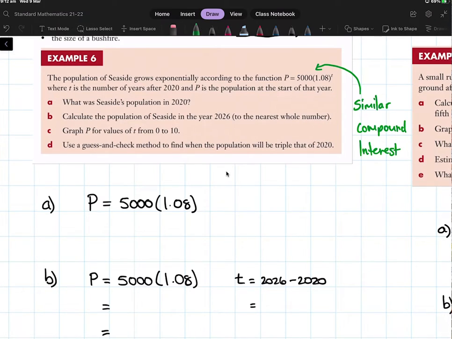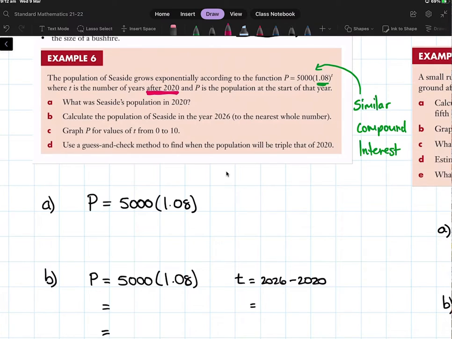And we can see that because our a value, that base value, is bigger than 1, and our power is t, when we look at the positive values, it's going to grow. And t is the number of years, and here we've got to be careful when we read this, it's the number of years after 2020, and P is the population at the start of the year. So it's the population at the beginning of the year for every year after 2020.